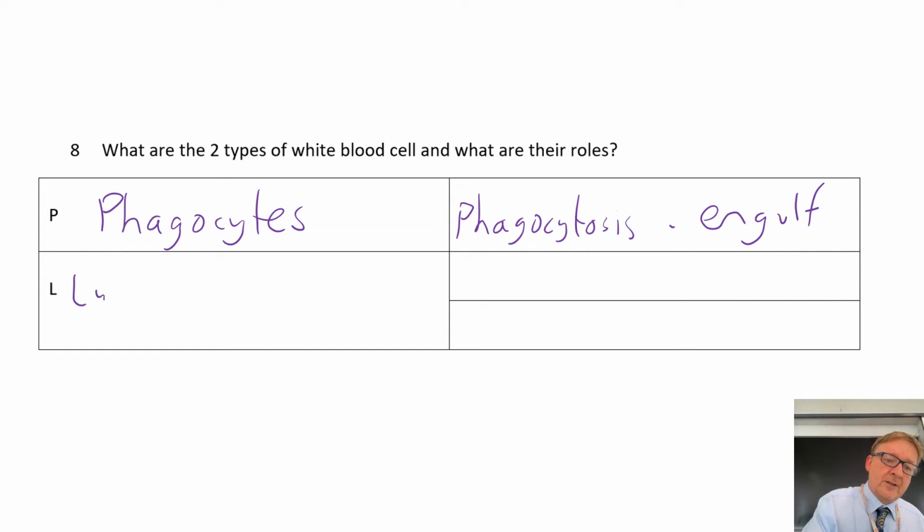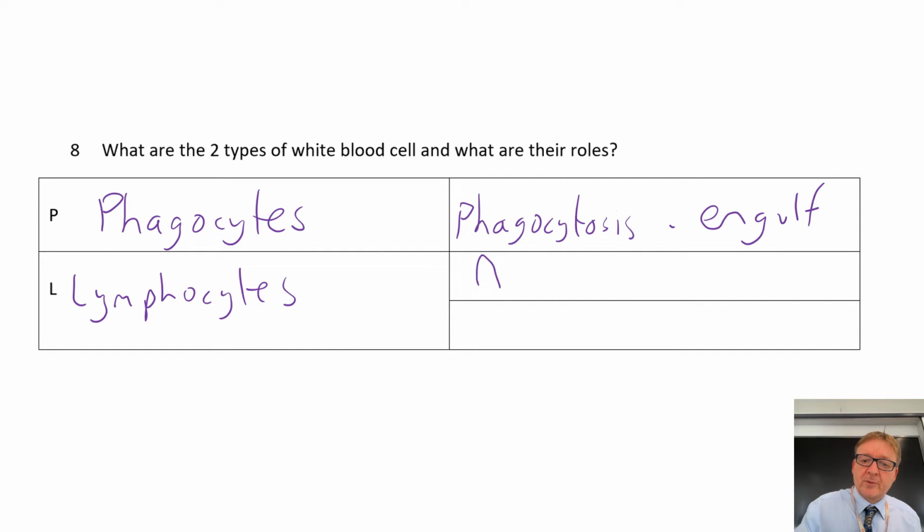The other one is lymphocytes. They've got 2 jobs. Job number 1 is they produce antibodies. Antibodies attach to the pathogen within the body, and they either kill them directly or clump them together and enable the phagocytes to find them more easily.